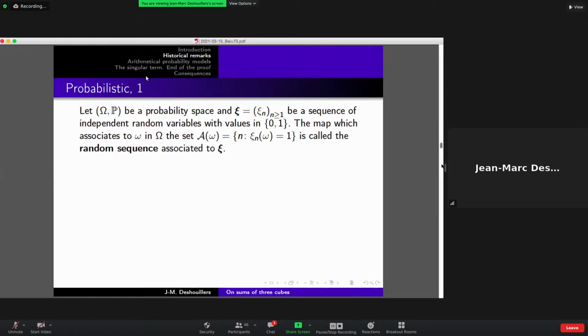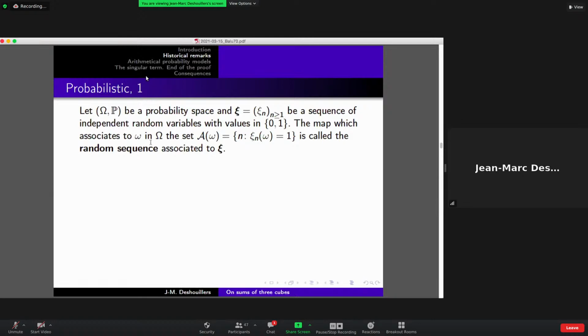Okay, so I would like to explain a bit. It has been mentioned already, but what is a random sequence? This is what I want to talk about. So we take a probability space and we take a sequence of independent random variables with values in 0, 1. Rademacher, I think you call that; the probabilists would also call that Bernoulli random variables. And you consider then psi n to be the indicator function of a set.